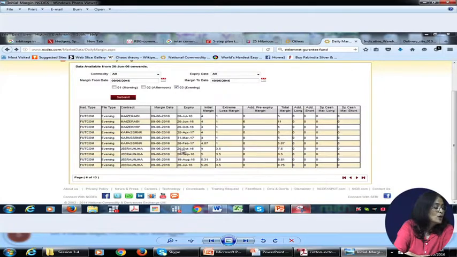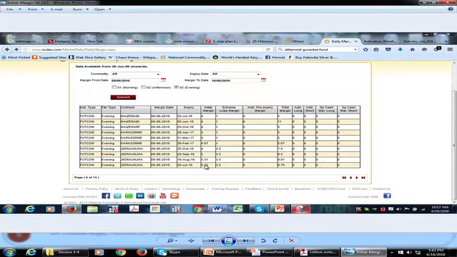Jeera Unjha, which is maturing on 28th October, has 4%. Jeera Unjha, which is maturing on 20th September, has got 5% as initial margin. August contract has 5.31%, July contract has 5.25%. So it is very clearly visible that initial margin varies across commodities, and also initial margin can vary for the same commodity but for different maturity.